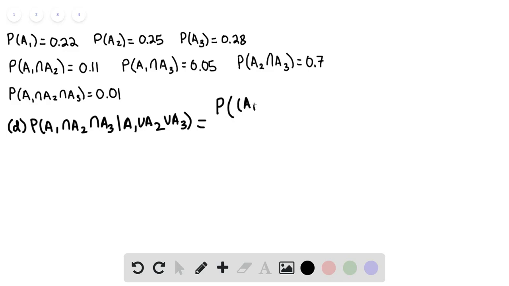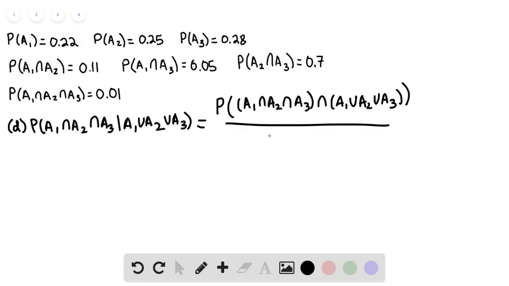Let's see, A1 intersect A2 intersect A3 intersect the union of A1, A2, A3, all over the probability of A1 union A2 union A3. Now, in order to simplify this top, I'm going to use a Venn diagram as a visual. So let's call A1 the red, A2 the green, and A3 the blue.